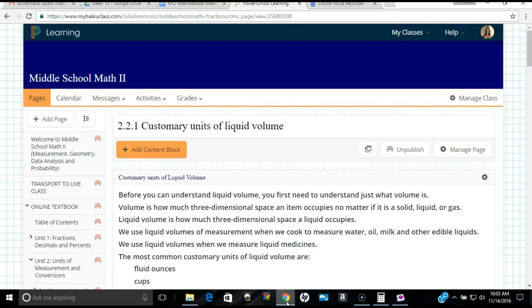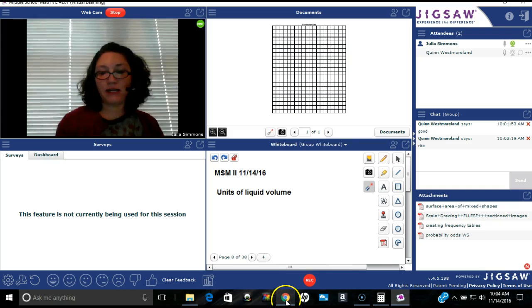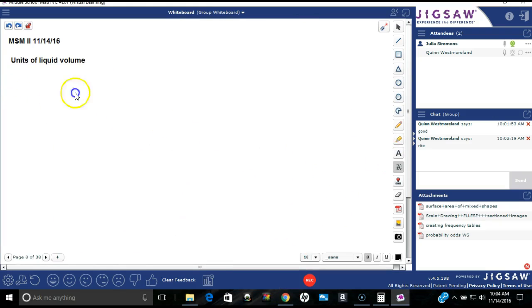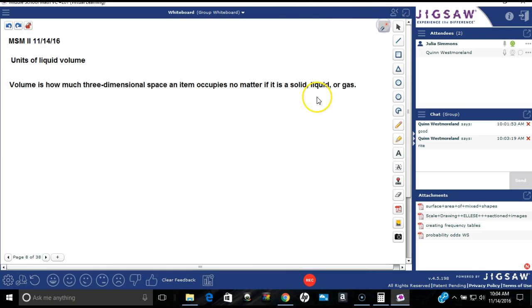So volume itself is the measurement of the three-dimensional space that an item occupies. Okay? I'm going to copy and paste that directly from that online textbook. Volume is how much three-dimensional space an item occupies, no matter if it is a solid, a liquid, or a gas.